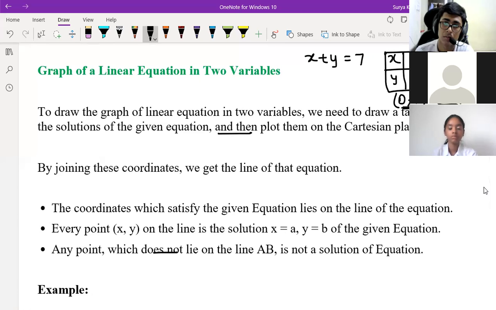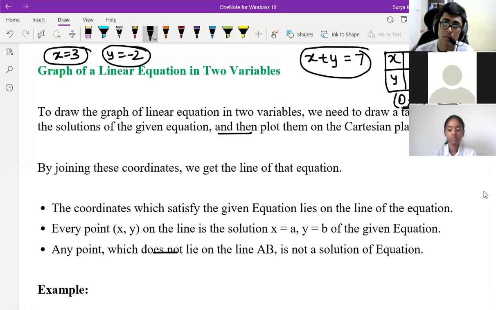Yes, sir, I'm asking that if x is equal to 0, then y is equal to 7 we are getting, sir. Directly we can take that y value and then we can draw a line parallel to the x-axis, sir? Here, you can't draw parallel to the x-axis. That is only if x is equal to 3 is given, or y is equal to -2 is given. In that case, you can draw it.